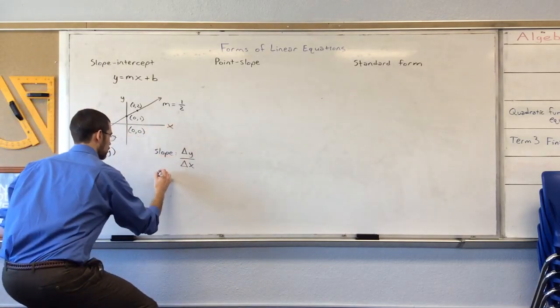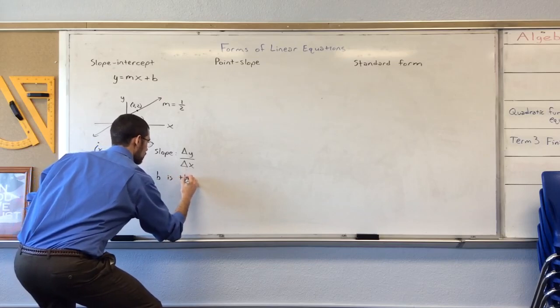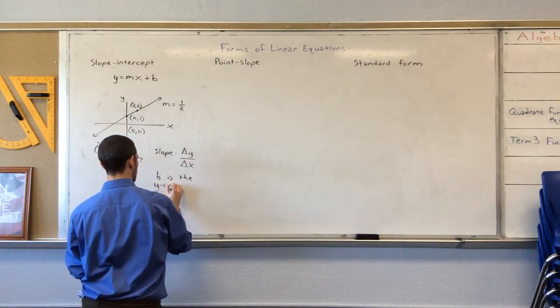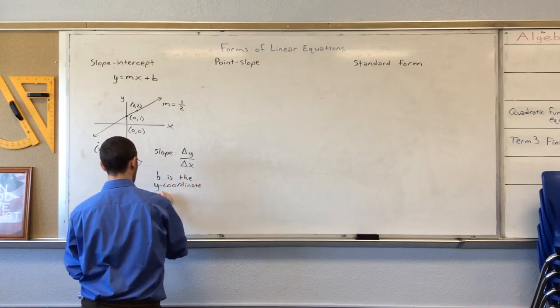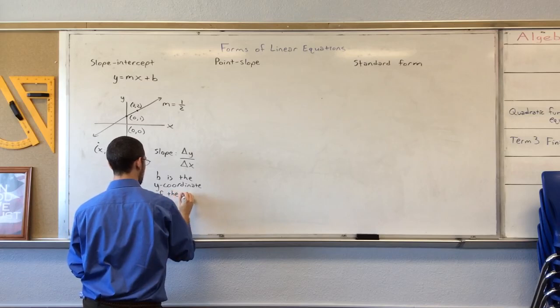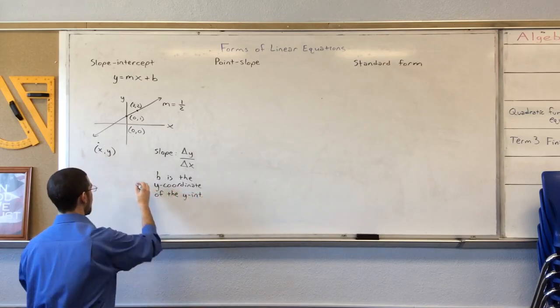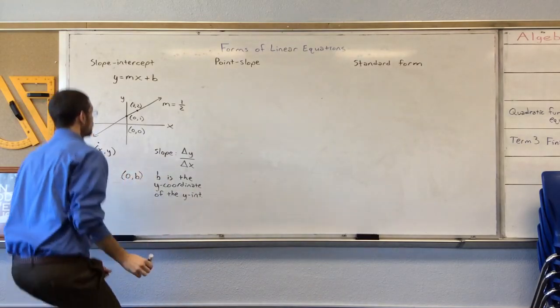So we'll write that down here. b is the y-coordinate of the y-intercept. Okay, so that's at point 0, comma, b in general.